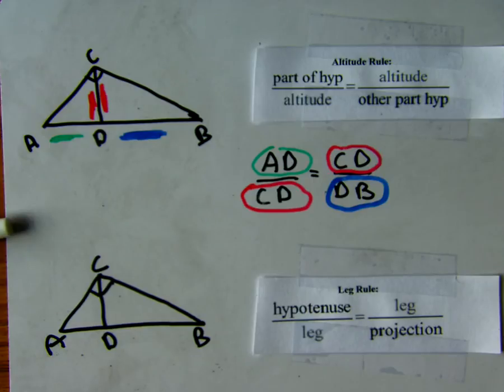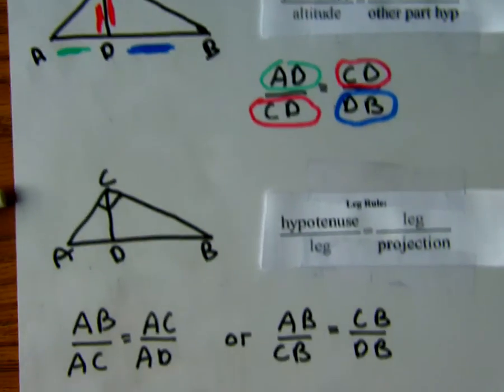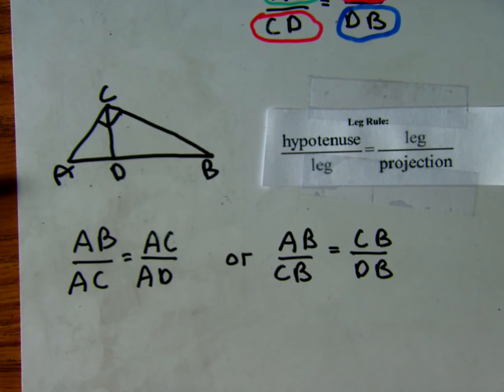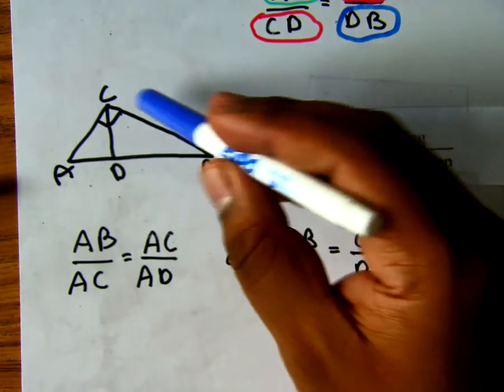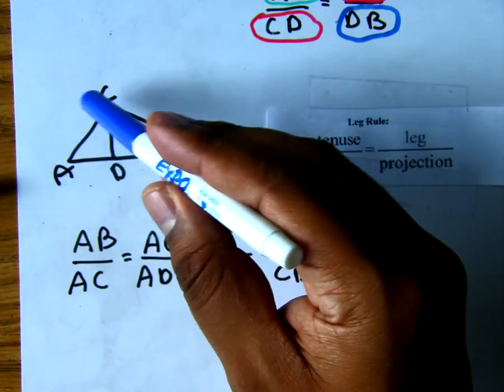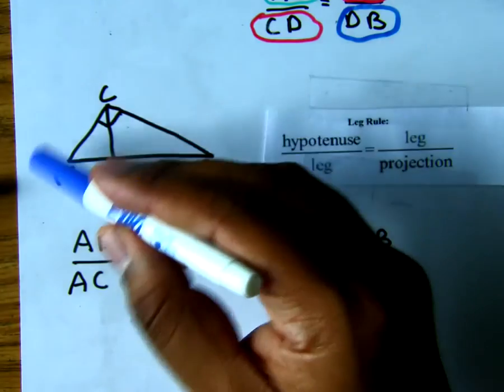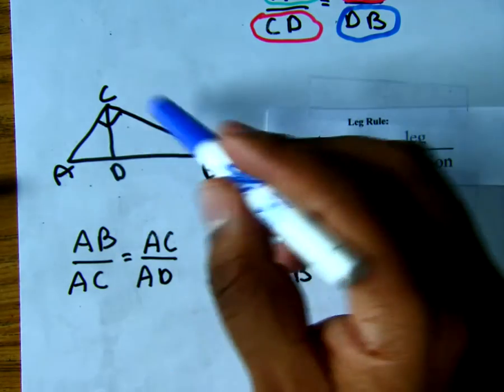Now I'm going to show you the leg rule. With the leg rule, it's when you have the piece over here on the side. And again, it's the leg of the biggest right triangle here.